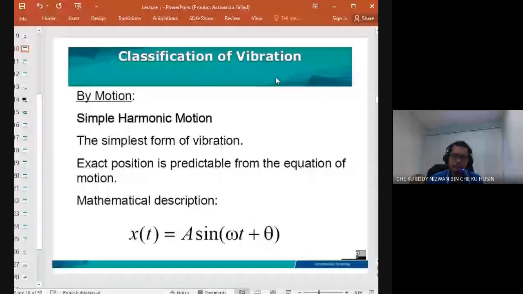There are a few kinds of motion in vibrations. First, simple harmonic motion, which is motion that can be represented as a sine wave.